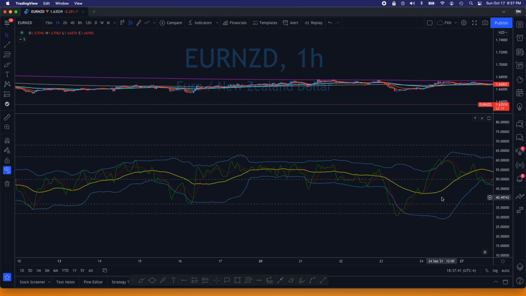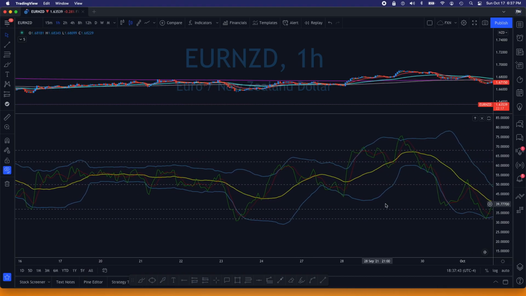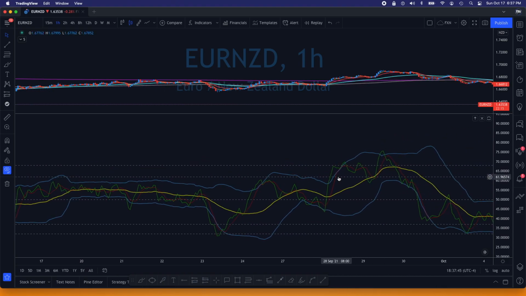If I'm looking for a sell setup, I'm looking for the TDI to be above or at this 62 or higher line, or 61 or higher line, for a sell. That's it.